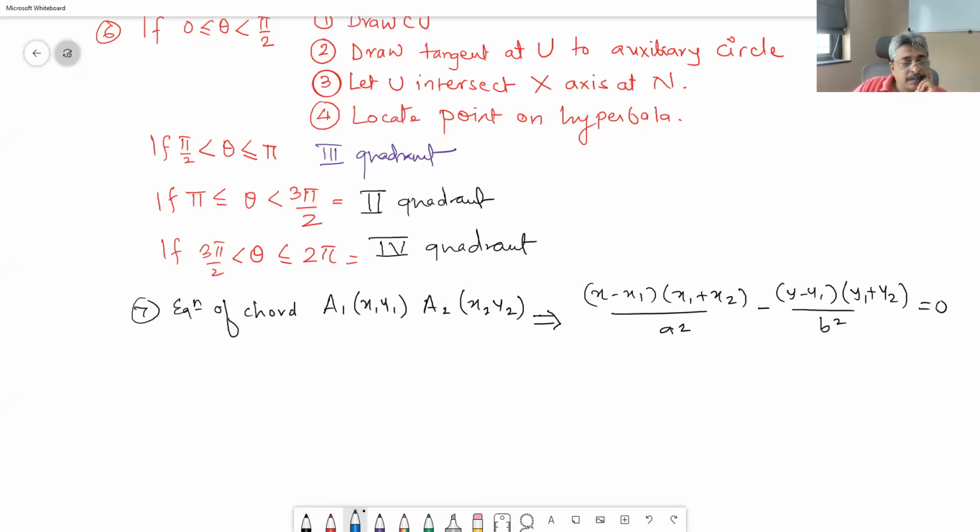Problem number 8. Equation of chord between points theta 1 and theta 2 in terms of the parameter theta. RHS is cos of the half angle.